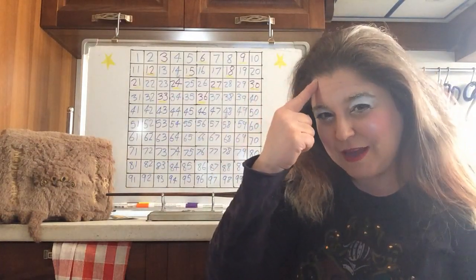I want you to think about it and write the answer on your whiteboard. Okay? So, think about counting forwards in multiples of 3. If you are counting forwards in multiples of 3, what number comes after 9? Write it on your whiteboard.